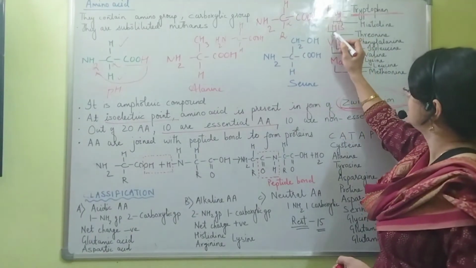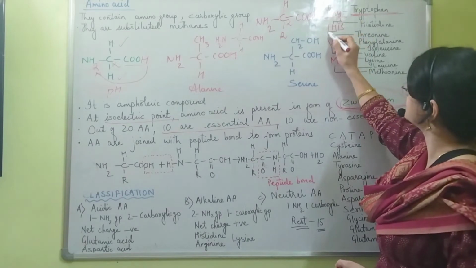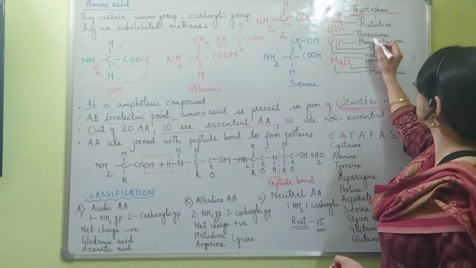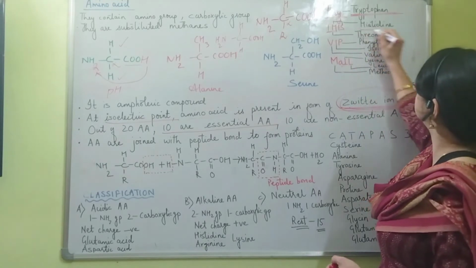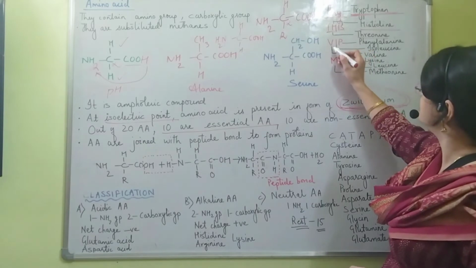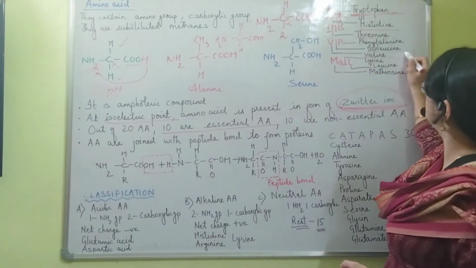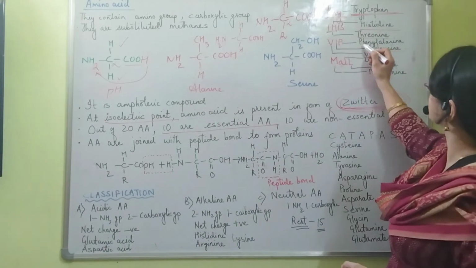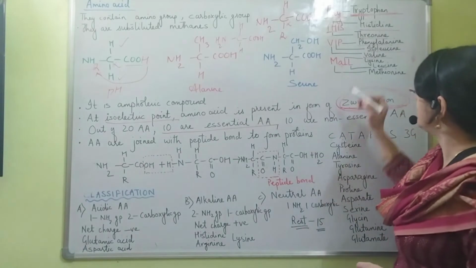Second, this. In this we will take two amino acids. TH stands for one amino acid, that is threonine, and HIS stands for histidine. Clear? Now next is VIP. V stands for valine, I stands for isoleucine, and P stands for phenylalanine. Okay. Now mol.